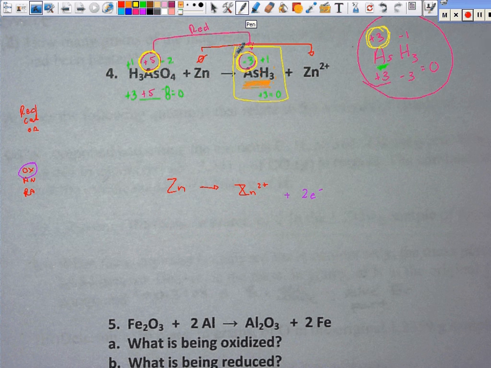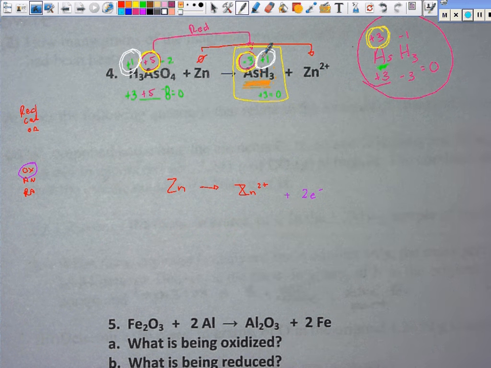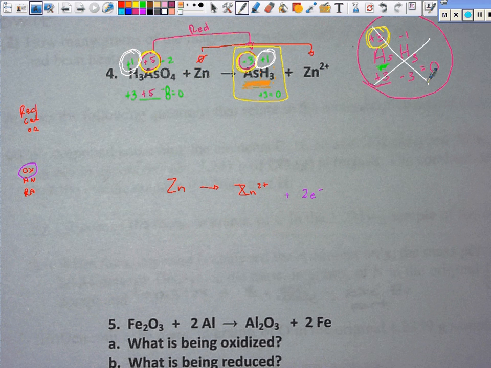Okay, so let's go through and finish this up. So we have H3AsO4 going to go to AsH3. So now I'm going to need some waters. So I need 4 H2Os. Well, that just gave me 3 plus 8 hydrogen.